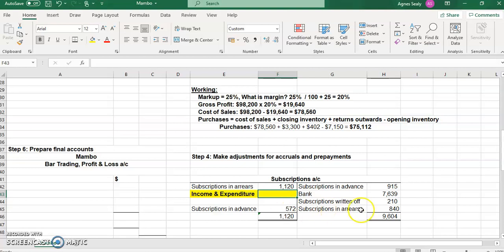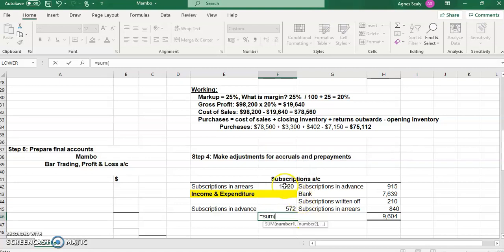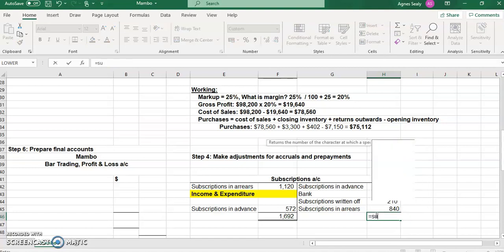So on the credit side, when we total here on the credit side, that comes to $9,604. But on the debit side, it's only $1,000. I think that's incorrect. Let me make sure that my totals are correct first.